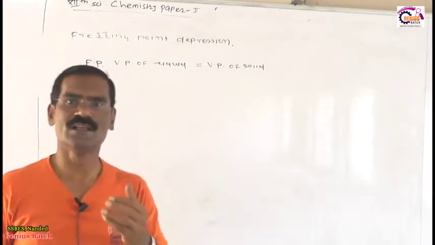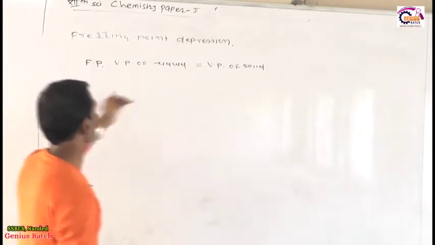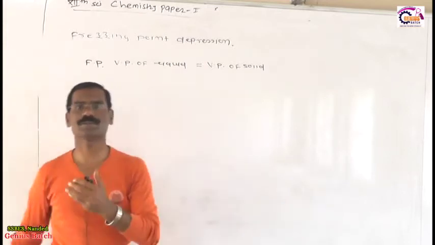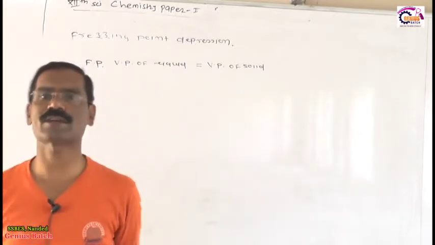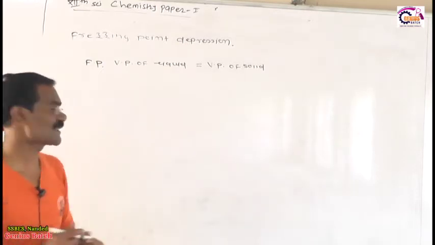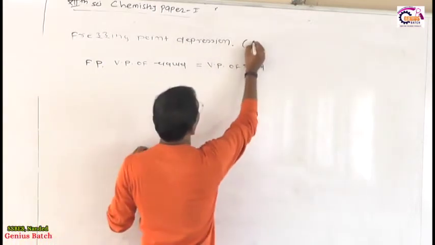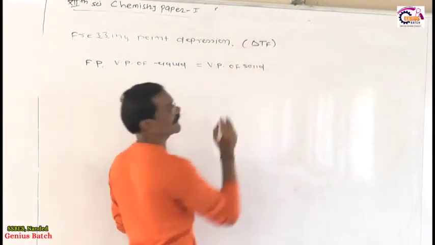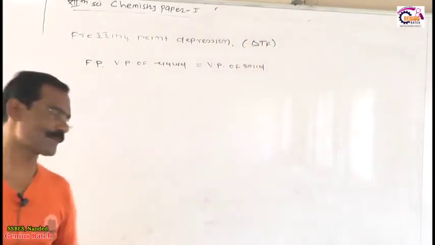It means whenever the vapor pressure of the liquid becomes equal to the vapor pressure of its own solid, that is called the freezing point. Now, dear friends, what is the meaning of freezing point depression? It is also called delta TF, like delta TB, delta TF.